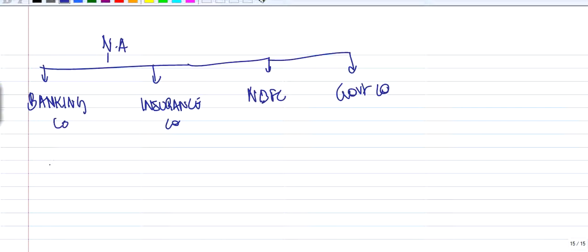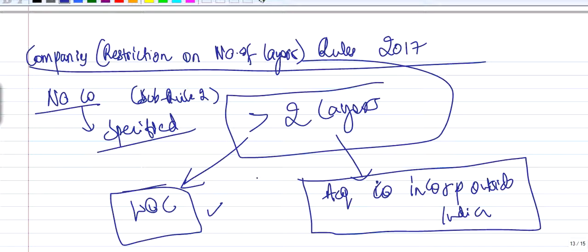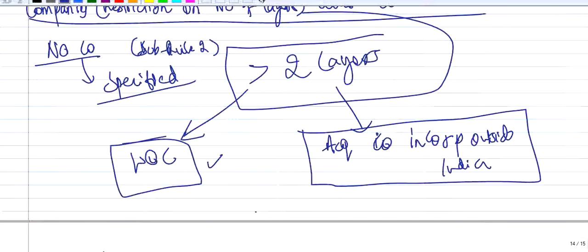One more thing, this rule is not in derogation. No, it is not in derogation or exempt or relaxation with the proviso to section 186 subsection 1. First we see company rules, the first point with regard to the more than two layers and the exemption.